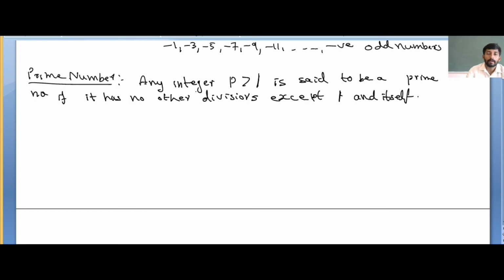Okay, any integer greater than 1 is said to be a prime number if it has no other divisors except only two divisors, right? One is the number 1, another one is itself.